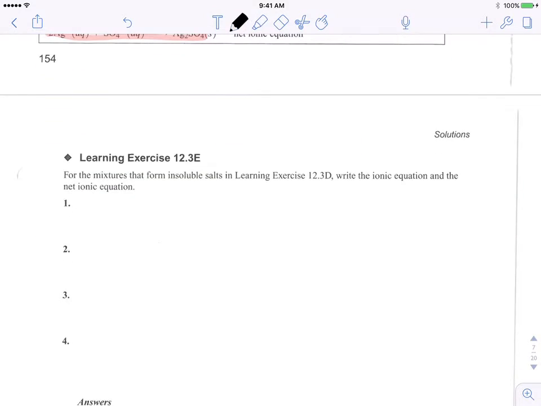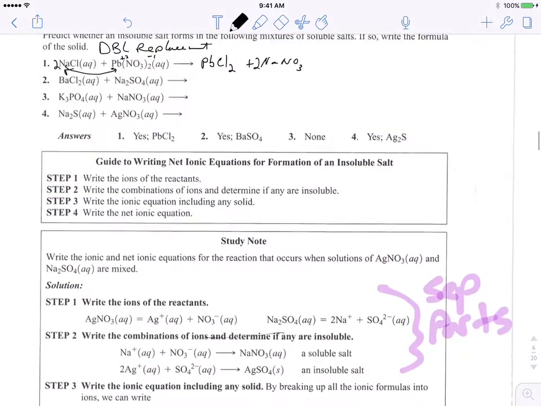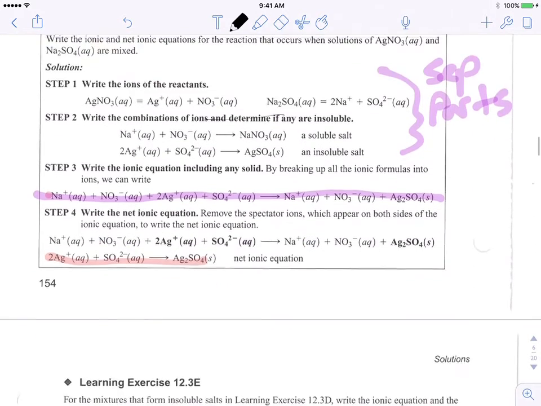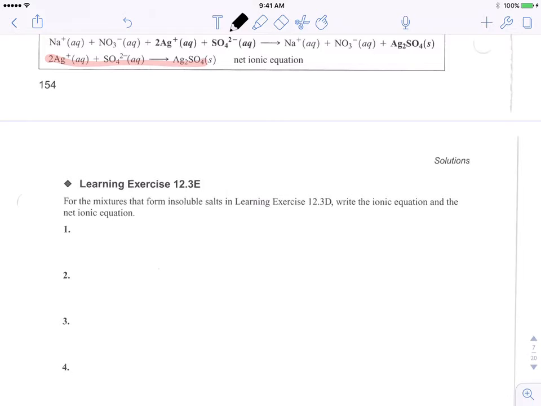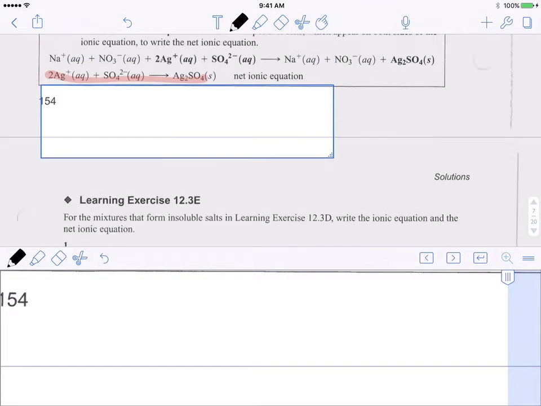All right, here we go. Mixtures that form insoluble salts. So the first one was NaCl and PbNO3. Starting with our original equation, as always.